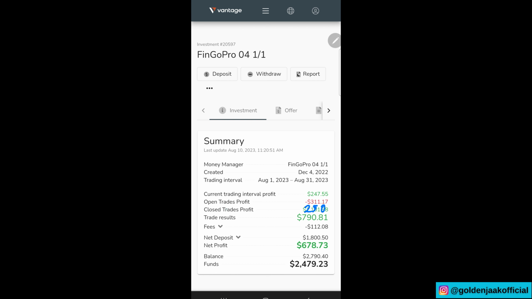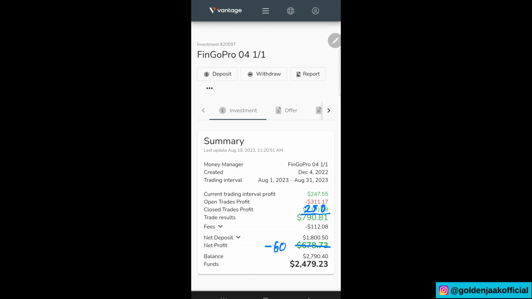Now let's say the open trades profit is still at minus 300. So by this logic that the summary page is using, this net profit here would be in minus, by about 60 US dollars, which is not correct because the actual realized profit would be 250.